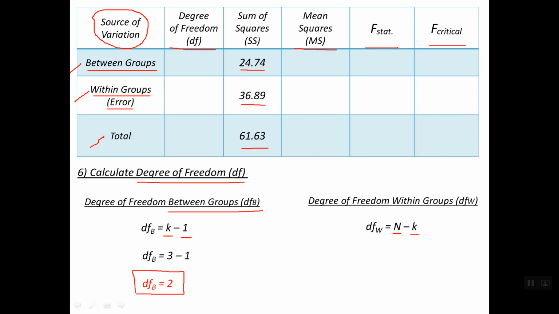So for sample or for treatment number 1, N1 is equal to 10, and for sample number 2 we have 8, and for the third one it's 9, so the total N is equal to 27. And regarding the K, we have 3 groups, so the value of the degree of freedom within groups is equal to 24.